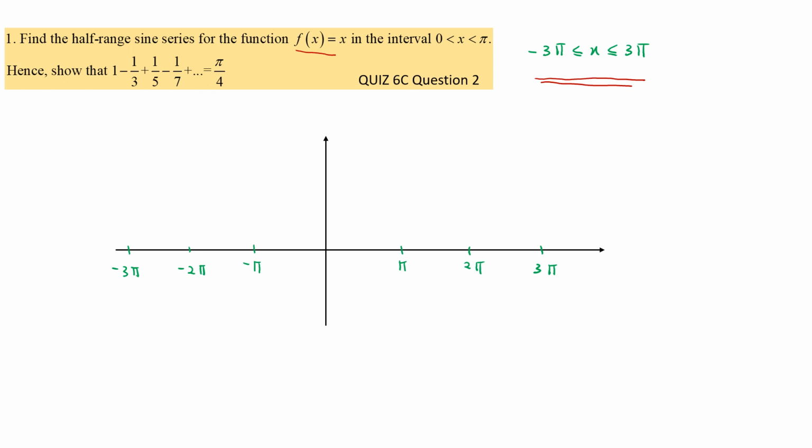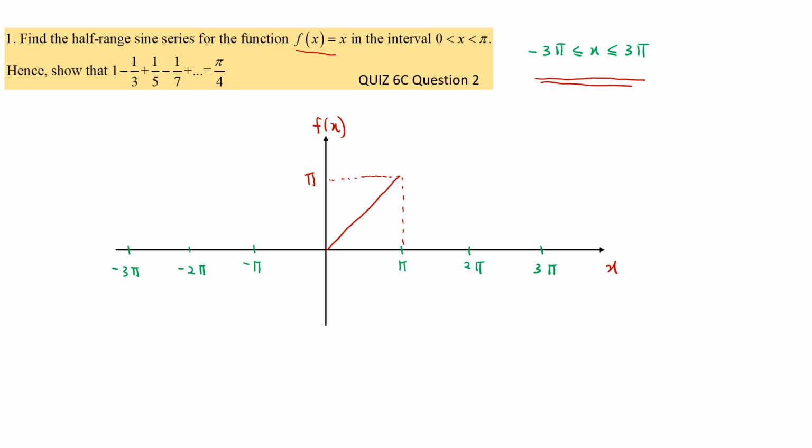So we can draw a straight line. When x equals pi, f of x will also be pi. So this y-axis is f of x and the x-axis is the value of x.